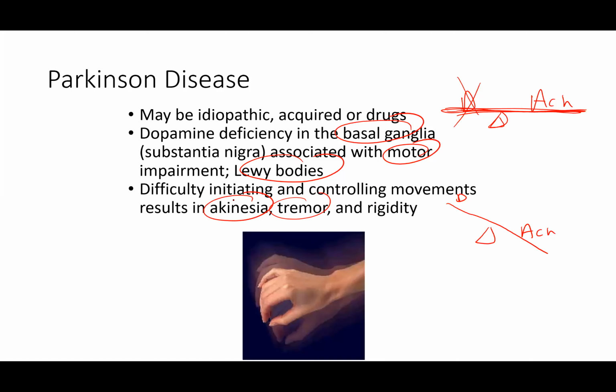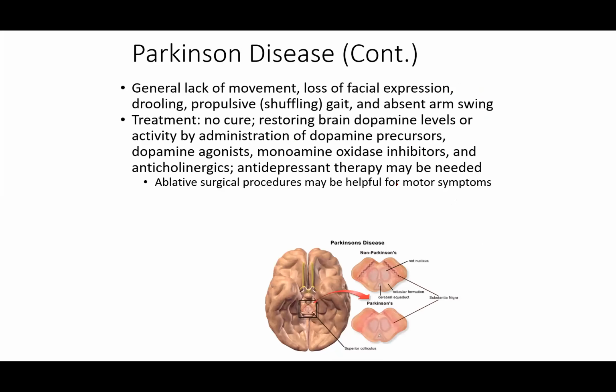Kinesiology is the study of human movement, so kinesio is movement. So they have akinesia, or an absence of normal movement. Okay. Rigidity. So the muscles just seem really stiff. They can have this shuffle gait. They have a hard time getting started.